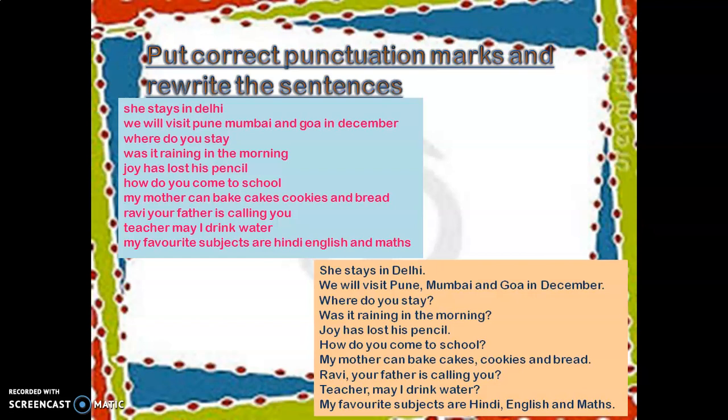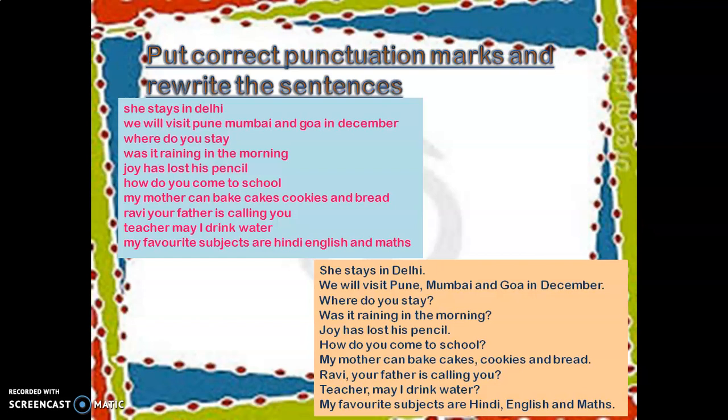Where do you stay? W of this sentence will be capital, and since it's a question, we'll put a question mark at the end of this sentence. Was it raining in the morning? W of this sentence has to be capital, and since it's a question, we'll put a question mark.